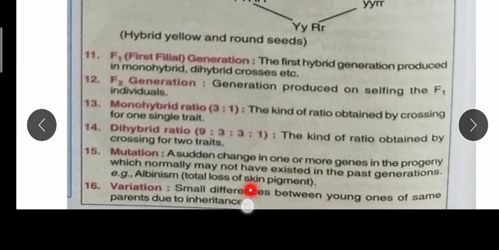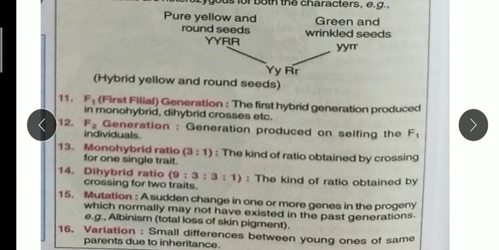These are due to inheritance. When the chromosomes pass from one generation to another, they bring some slight change in the gene sequence, and that results in variation.